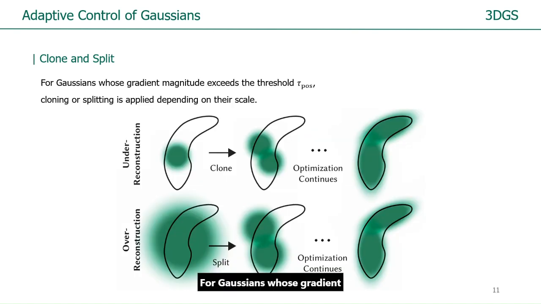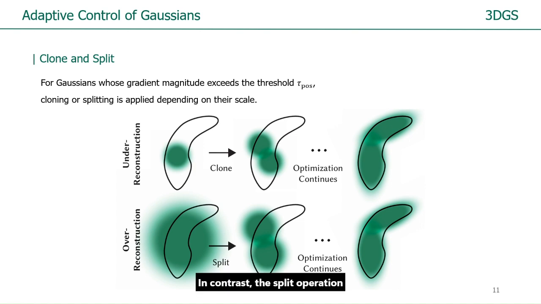For Gaussians whose gradient magnitude exceeds the threshold, the method applies either cloning or splitting operations. The cloning operation duplicates a Gaussian with the same size as the original Gaussian. The cloned Gaussian is then placed at a position shifted according to the positional gradient.